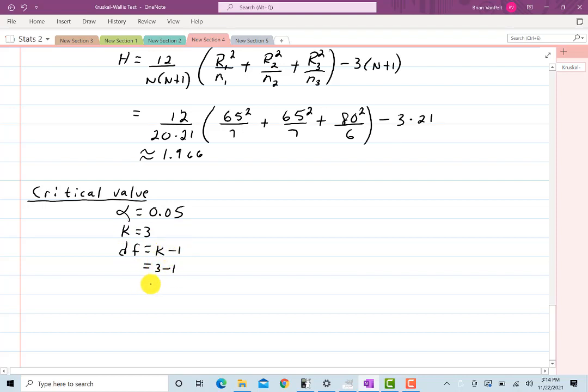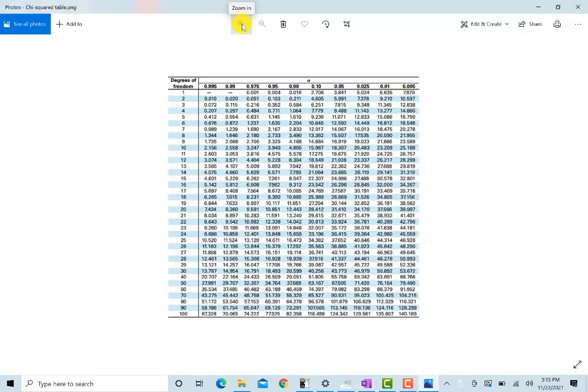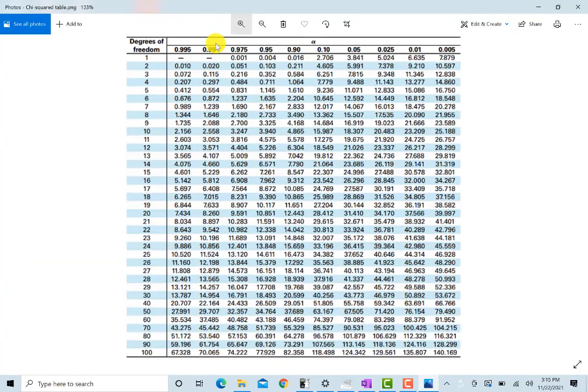That'll be 3 minus 1. That will equal 2. And as I mentioned, use the chi-squared table. So that'll give me a chi-naught squared will equal. Let me go ahead and pull that table up. All right, let me increase the size here. The degrees of freedom is 2, and the alpha is 0.05. So it looks like 5.991 is our critical number.